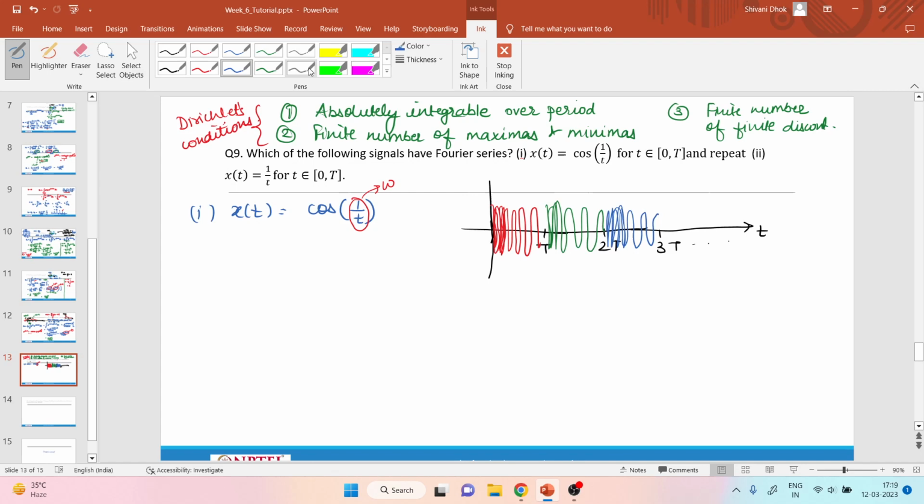So if we focus on the part which is very close to 0, at the beginning of an interval, let us say we just focus on the first interval, 0 to T, when t is approximately equal to 0, this ω tends to infinity, which means that we have infinite oscillations.